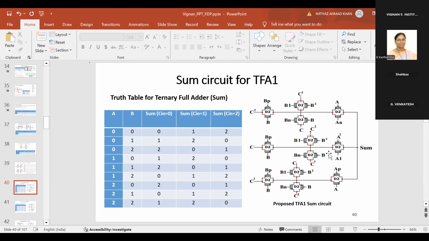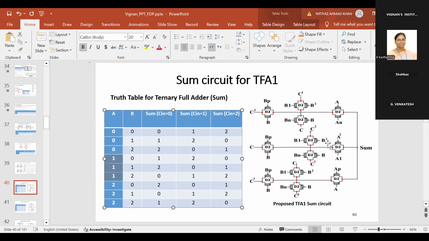And when A is 1, it will pass all values. Here I am using a transmission gate, which passes if logic 1 and passes if logic 0. Why? Because I am using PMOS and NMOS. PMOS passes good logic 1 and NMOS passes good logic 0.